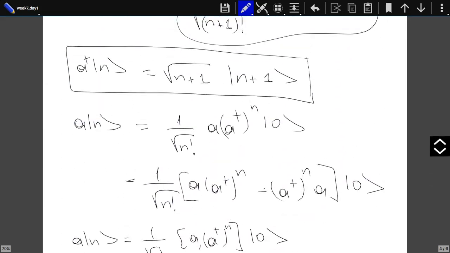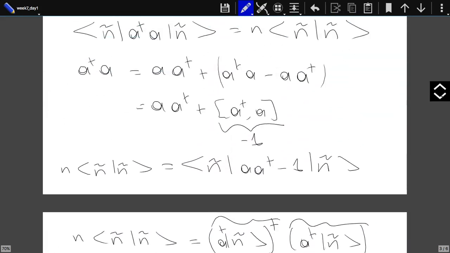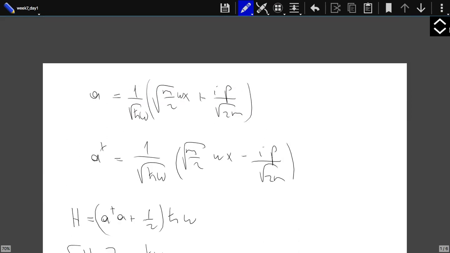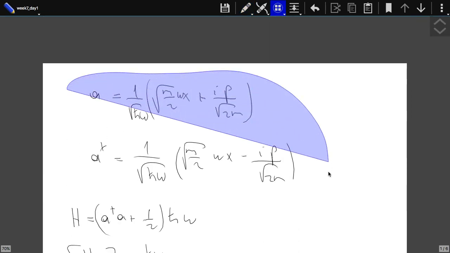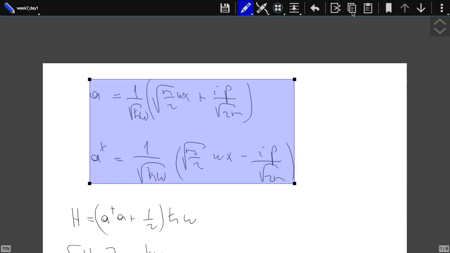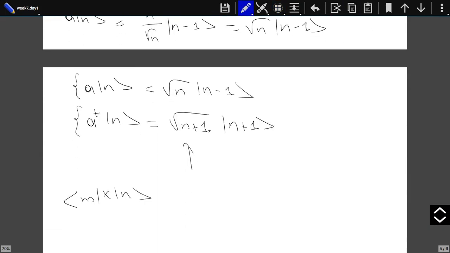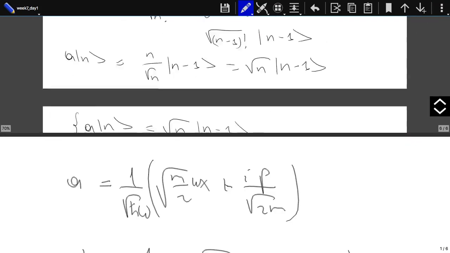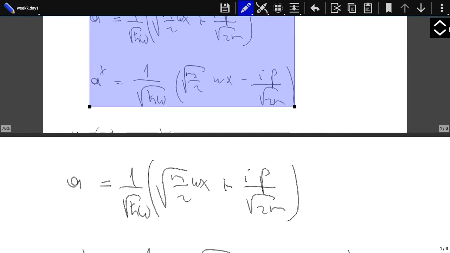Well, first let's remember what the definitions of A and A dagger in terms of X and P were. So these were the definitions. Those are the things that I will always need.